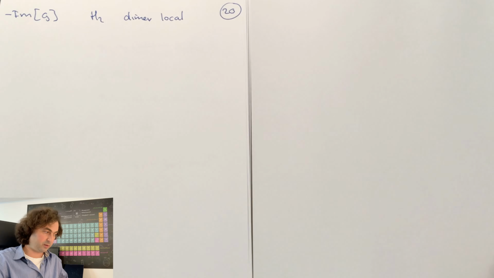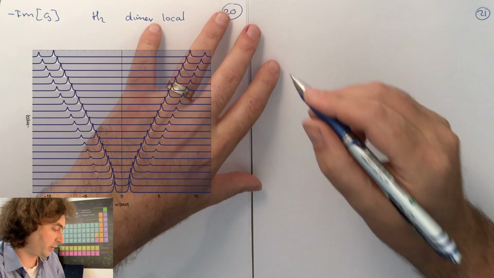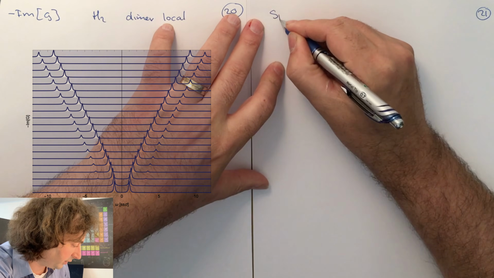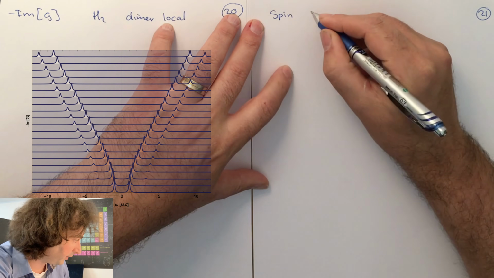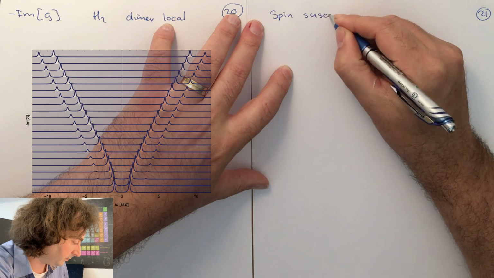Now, besides looking at the single particle Green's functions or response, we can also look at the two particle response functions or the spin susceptibility.